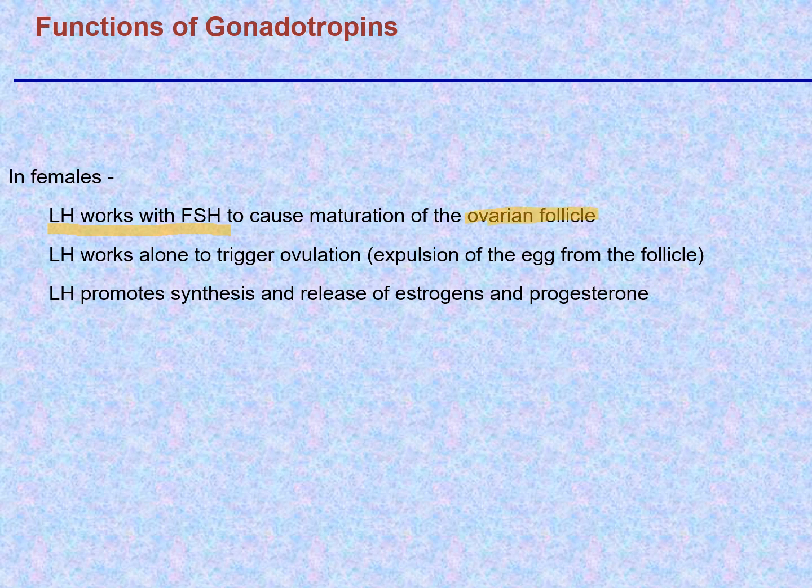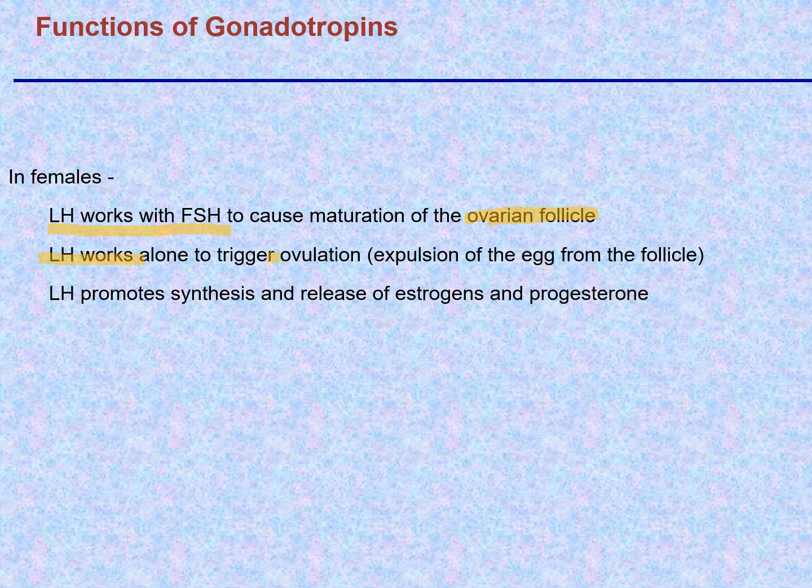trigger maturation of an ovarian follicle. An ovarian follicle is a round fluid-filled structure that contains an egg which is ready to be released. Actual release or expulsion of the egg is triggered by luteinizing hormone.